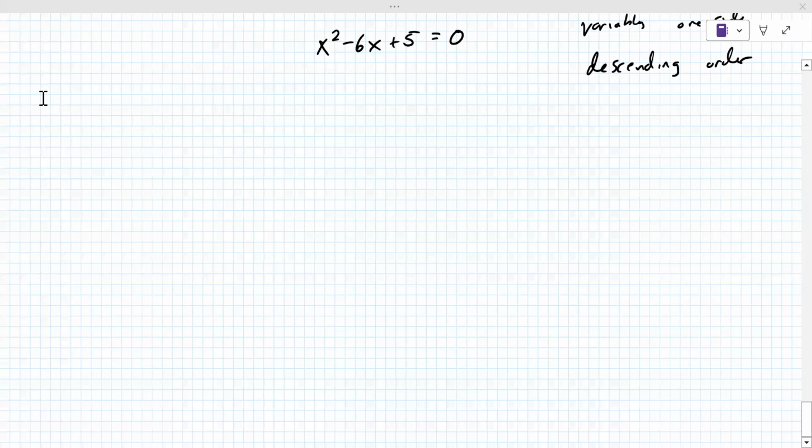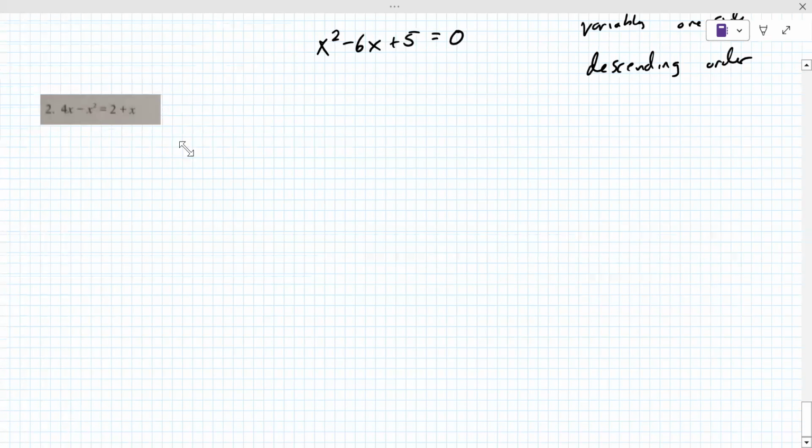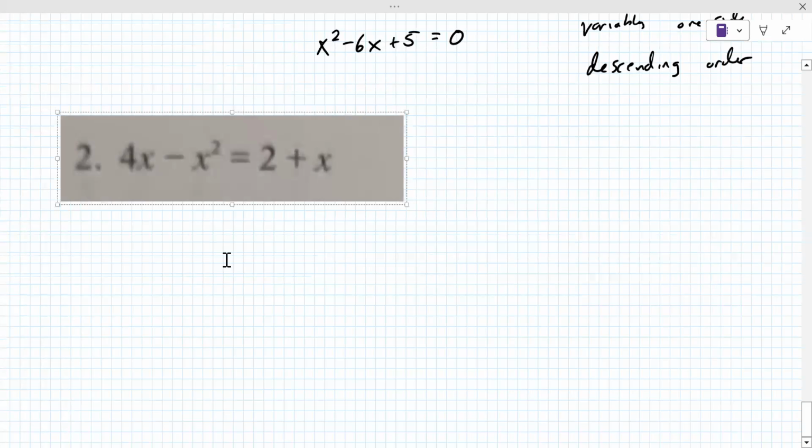Next question. Same thing. You're going to put it in standard form. The choice here is, do you move everything left or do you move stuff right? It depends on what you like. There's not a right or a wrong here. Traditionally, they teach moving things left, so we should do that to be consistent.